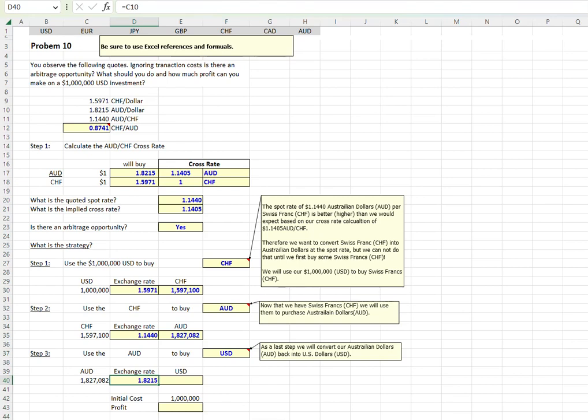So we'll take those Australian dollars and exchange them into 1,003,065 US dollars. And recall, our initial investment was $1 million. And so we will have a profit of $3,065.